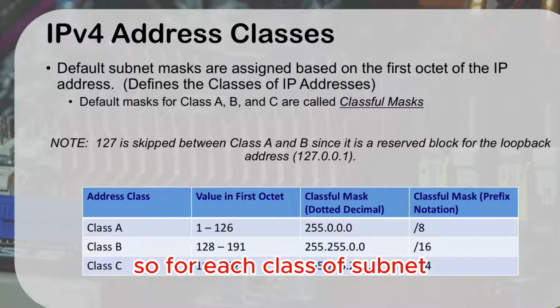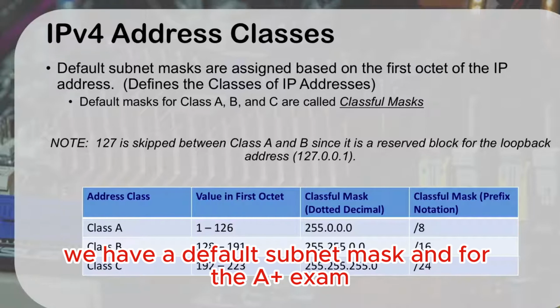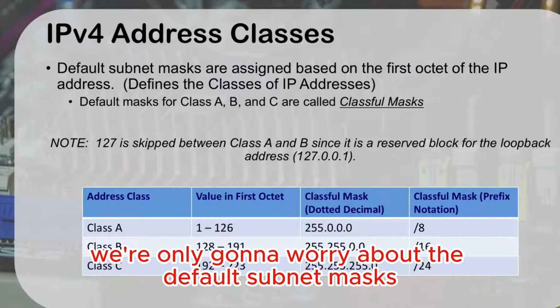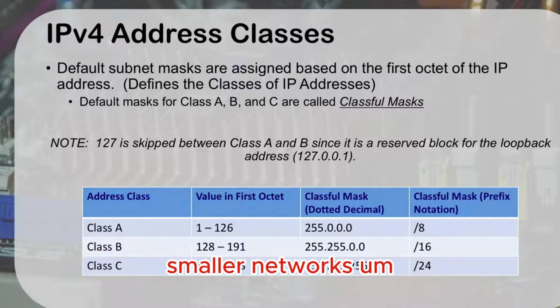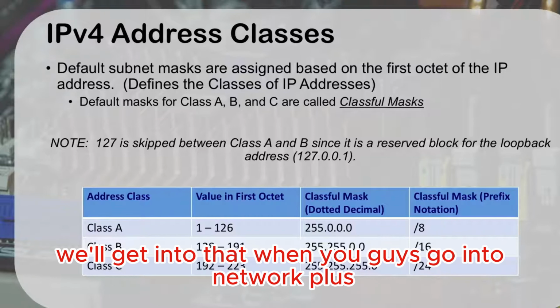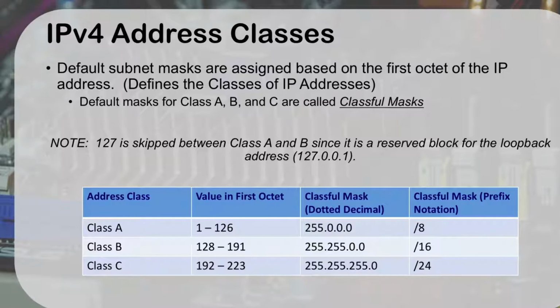So for each class of subnet, we have a default subnet mask. And for the A+ exam, we're only going to worry about the default subnet masks. We don't need to worry about breaking these into smaller networks. We'll get into that when you go into Network Plus later on.